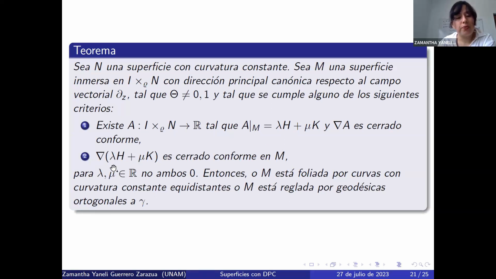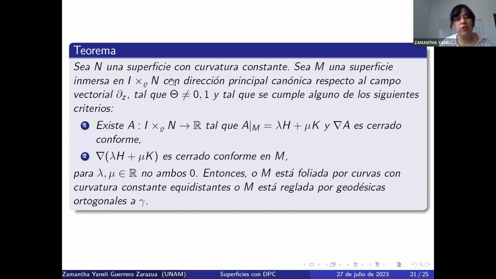And we can take H and K multiplied by some constants. Then either M is foliated by curves with constant curvature, which are equidistant, or M is ruled by geodesics orthogonal to gamma. So we have the same results as we had gotten before.